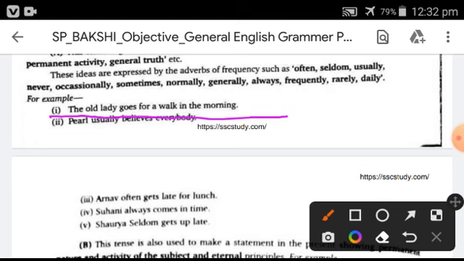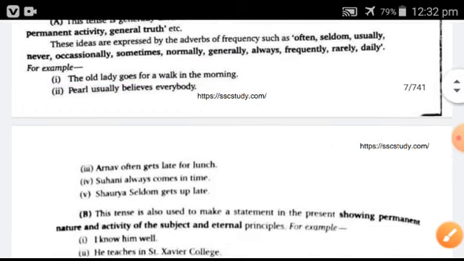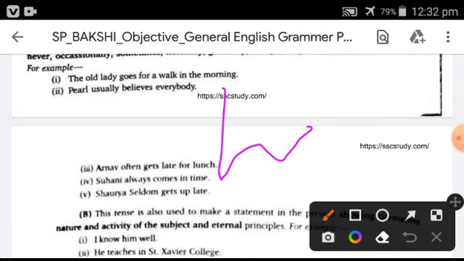That is good. But when? In the morning. Given time. And this sentence refers to what? Habit. A kind of habit that the old lady has. It means she usually walks daily.